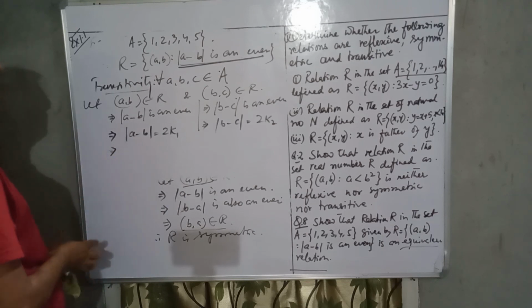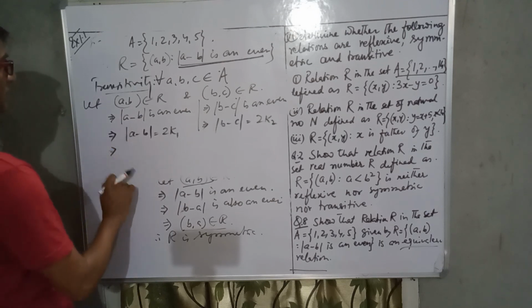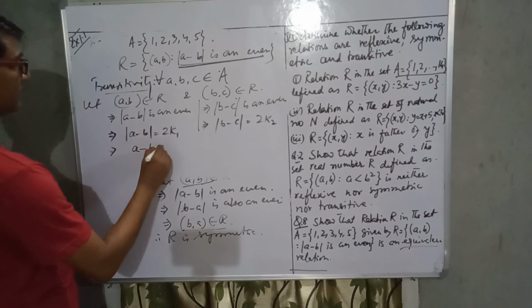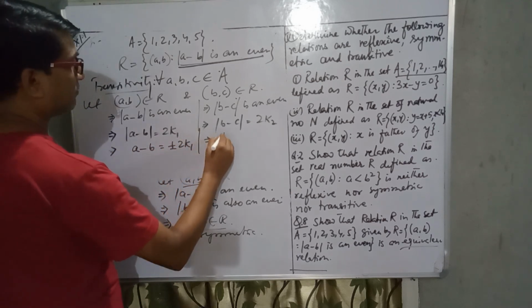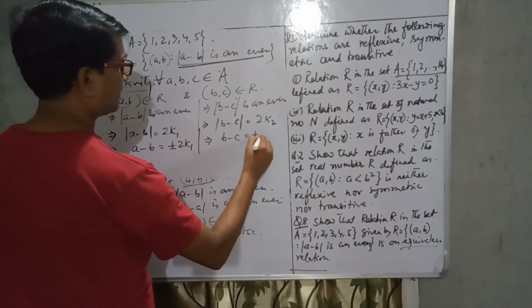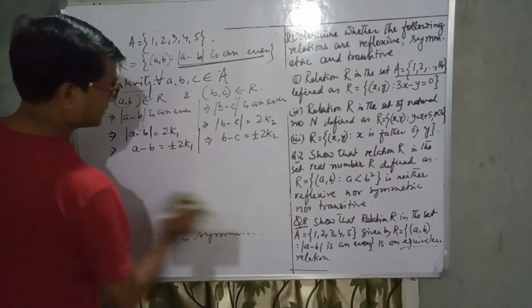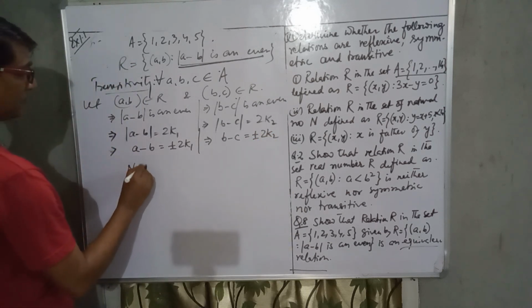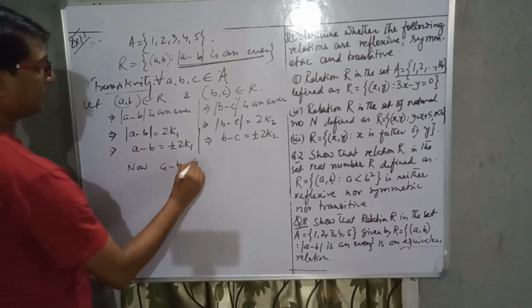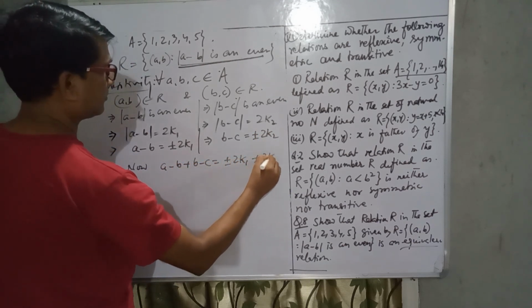If we remove the modulus, then a minus b is equal to plus or minus 2k1, and b minus c is equal to plus or minus 2k2. Then if we add both, a minus b plus b minus c gives plus or minus 2k1 plus or minus 2k2.